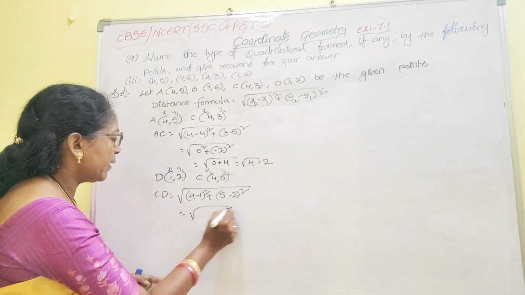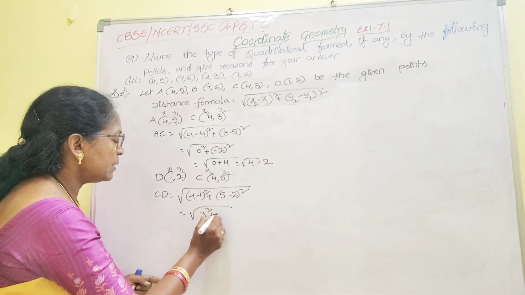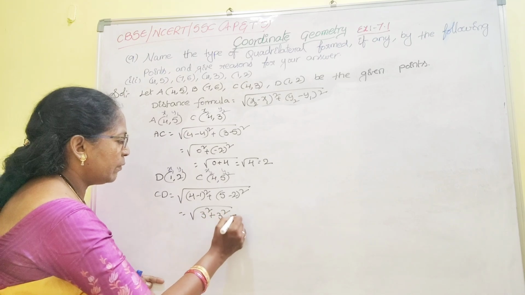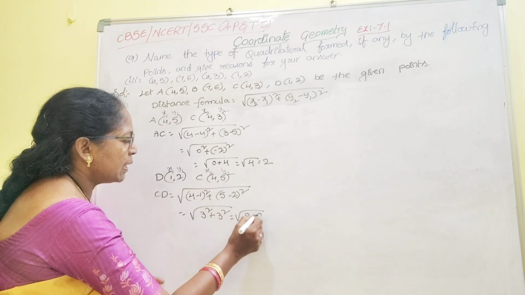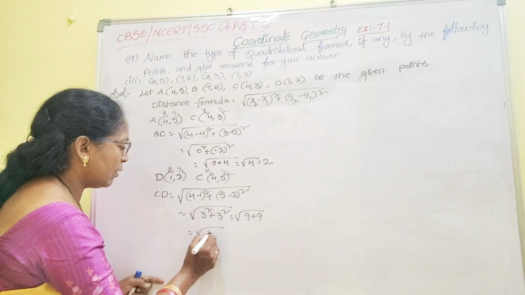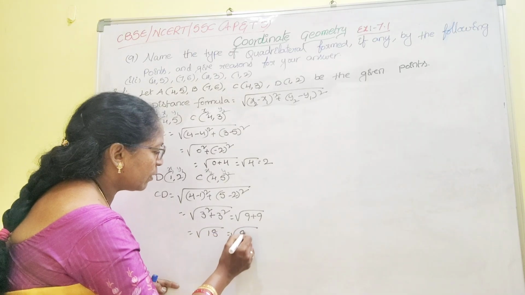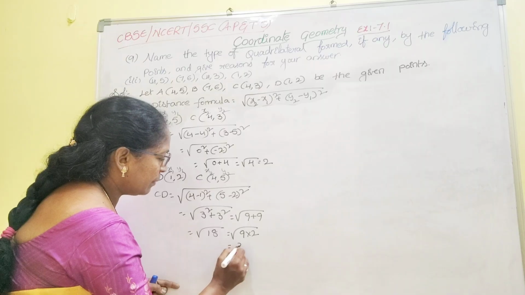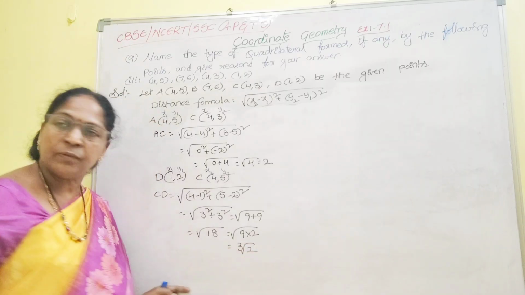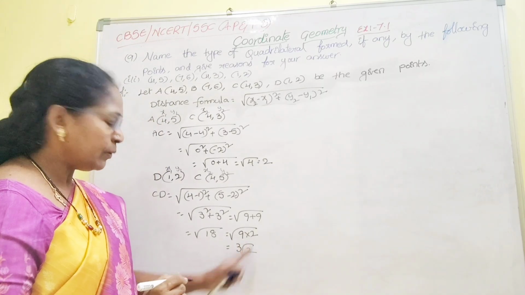That equals square root of 3 square plus 3 square equals square root of 9 plus 9, that equals square root of 18. 18 can be written as square root of 9 into 2. This can be written as 3 root 2. Why? Because square root of 9 equals 3. 3 root 2.